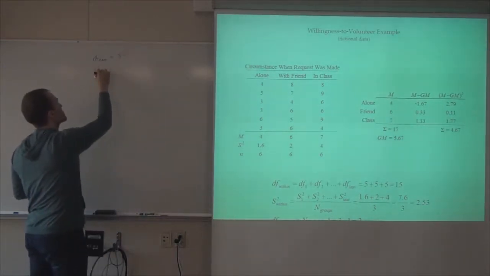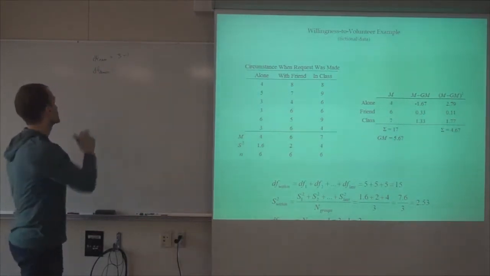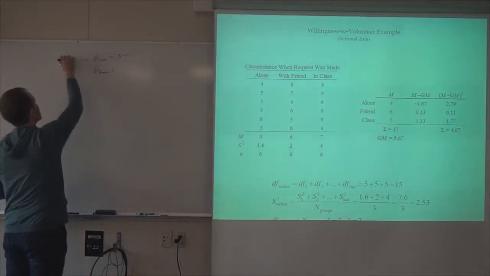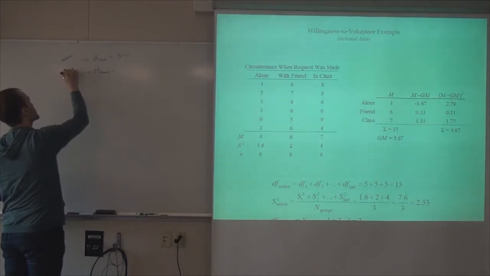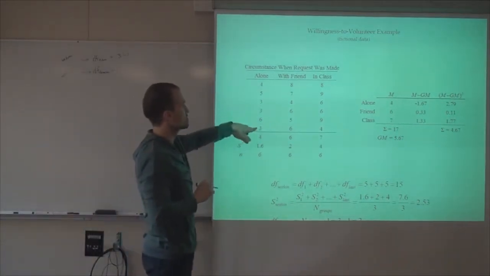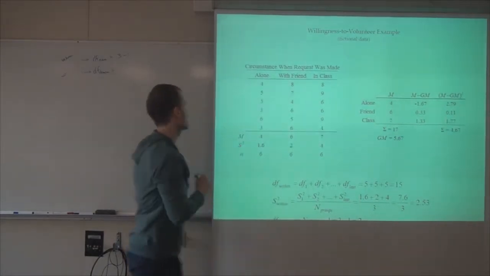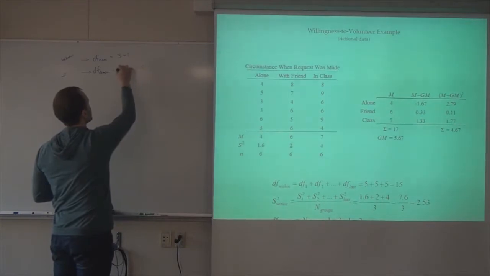The degrees of freedom in my denominator, which is the within group, so this would be between groups estimate, and this would be within groups estimate, will be 6 minus 1, which is 5, 5, 5. So 5 plus 5 plus 5.